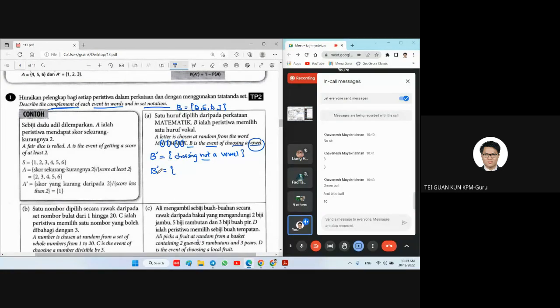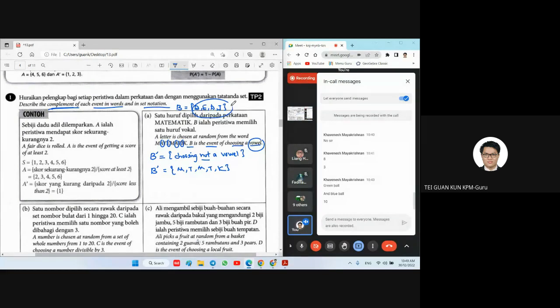Vowel. B, kalau bukan B, complement, apa dia? Selain daripada yang ni lah.